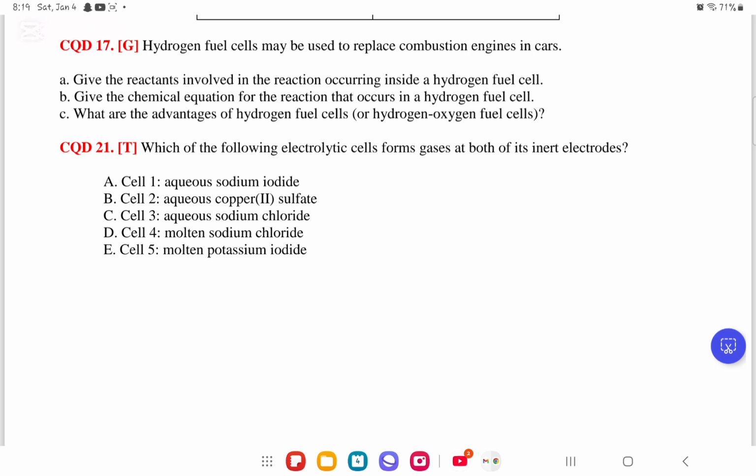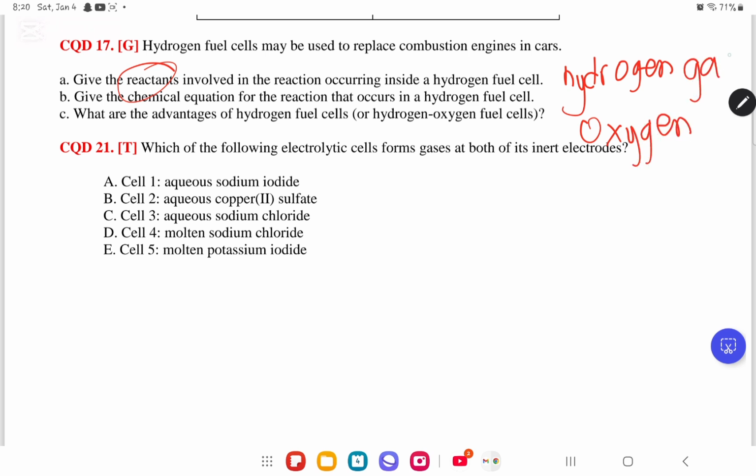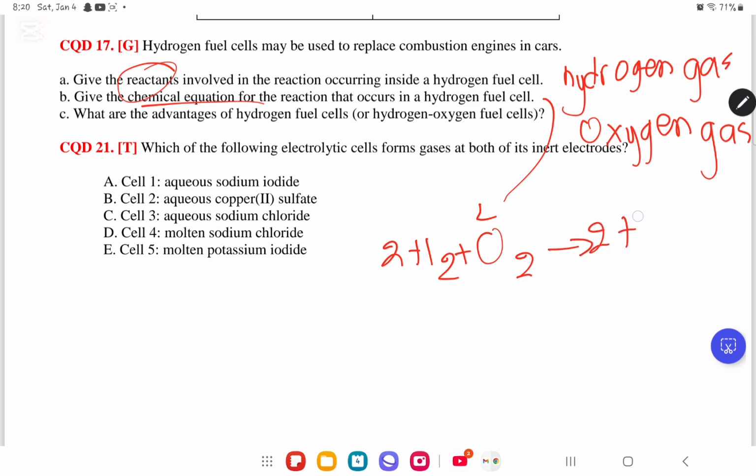The reactants are hydrogen and oxygen, and they are both gases, so hydrogen gas and oxygen gas. The chemical equation is 2 hydrogen gas, so 2H2, in addition to oxygen, O2, will give us 2H2O, water.